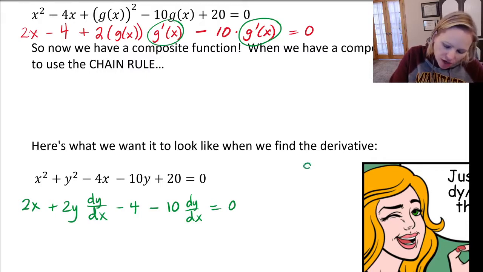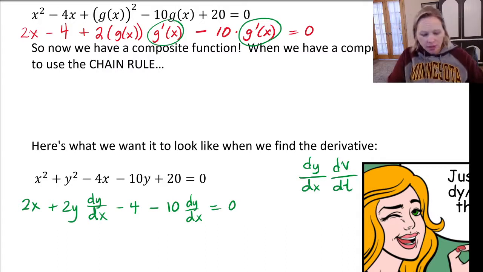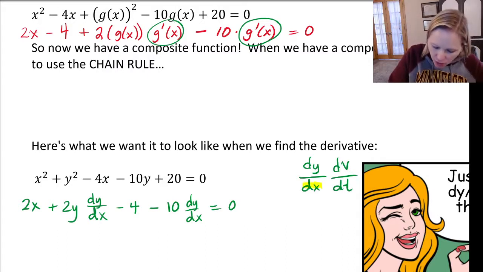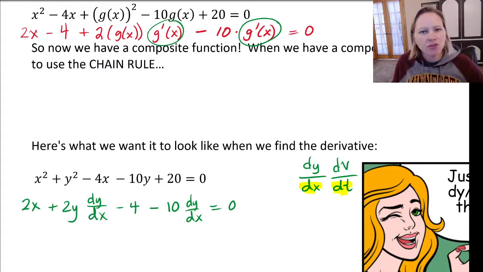So if you're trying to find dy dx or dv dt, and there's any other letter except for whatever's in the bottom of the derivative you're trying to find, that variable in the bottom is the one you're differentiating with respect to. So suppose you have a volume problem and you have an r and an h and you want to find dv dr. Anything that wasn't r, you would have to throw a dh dr, or whatever it is.